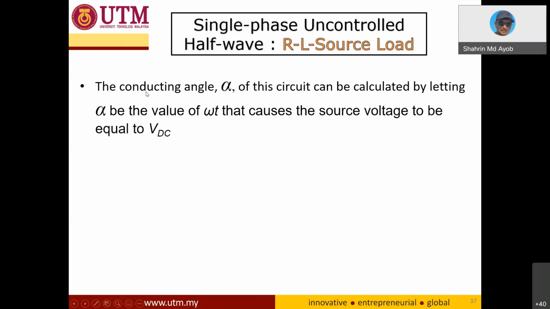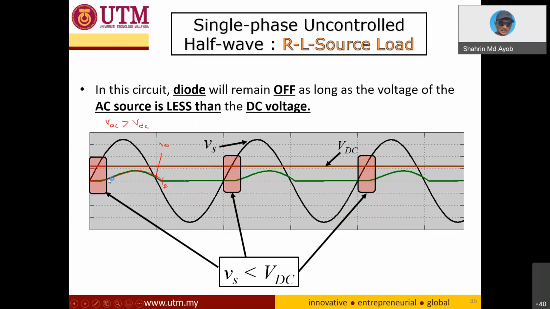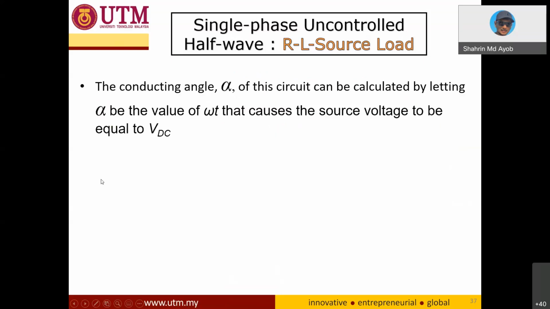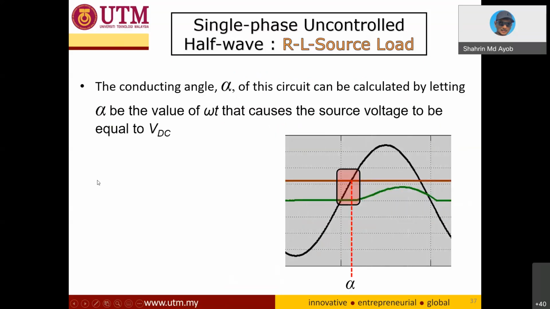Okay, do not confuse. We have another conducting angle, also represented by alpha. The conducting angle, the angle where the current starts to flow, or the diode starts to turn on, you can just find with this formula: Vm sine of alpha is equal to VDC.